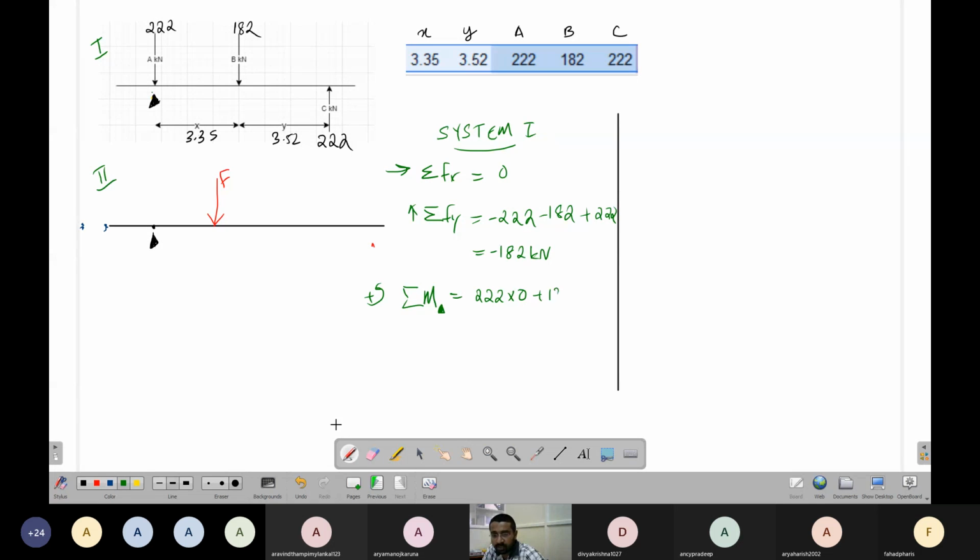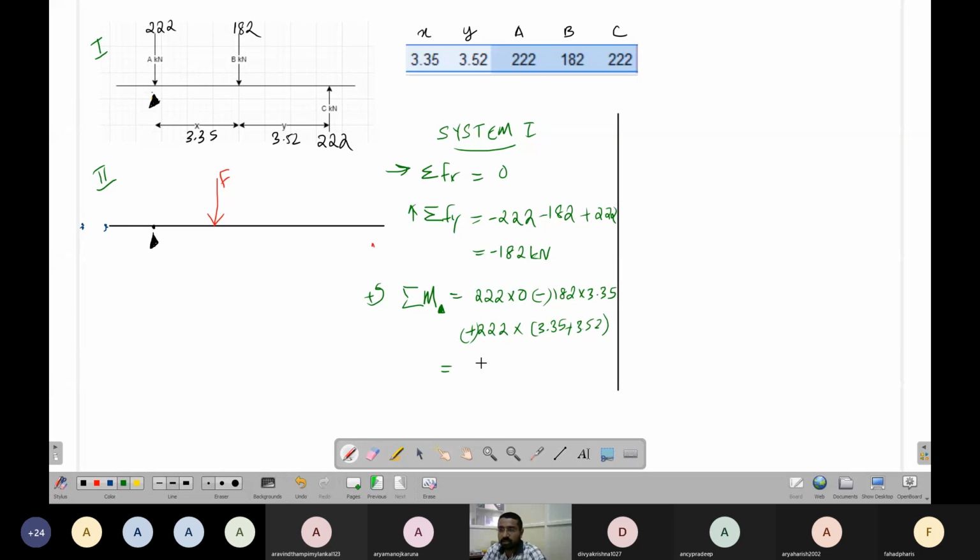So negative 182 times 3.35. Then we have 222. 222 is rotating anti-clockwise, so it is plus. 222 times 3.35 plus 3.52, the distance. Okay.